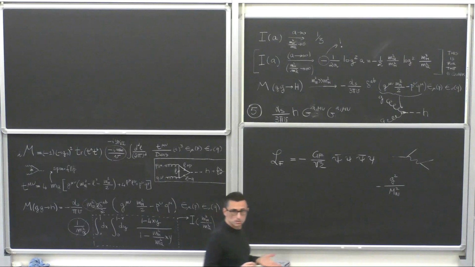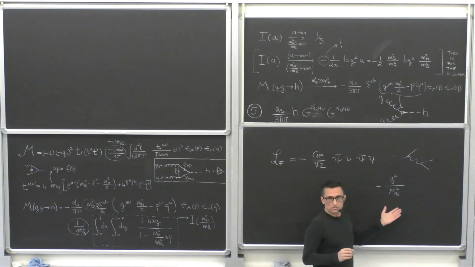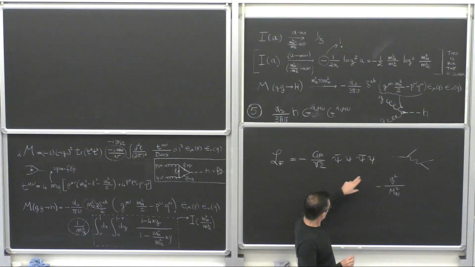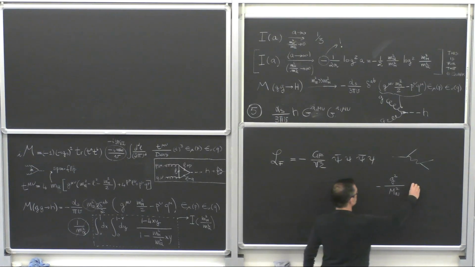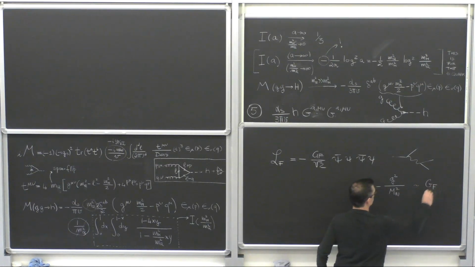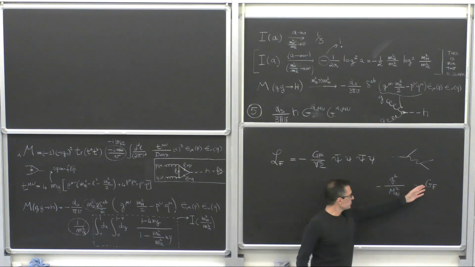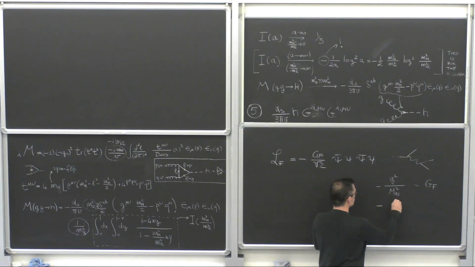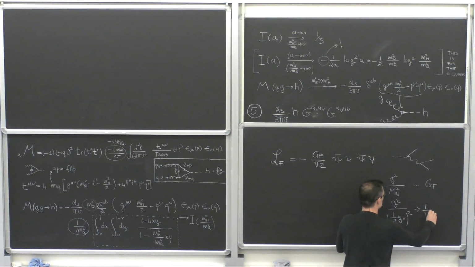Why? Because GF depends on MW, so we match this, and this is GF. So let's say, if I know GF, I know MW. No, it's not true, because MW in the standard model is 1/2 GV, and GF is 1 over V squared.